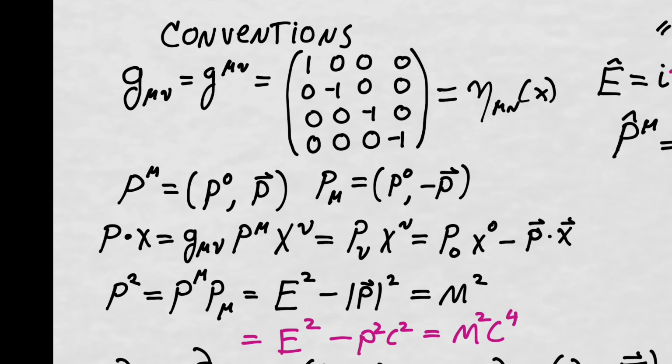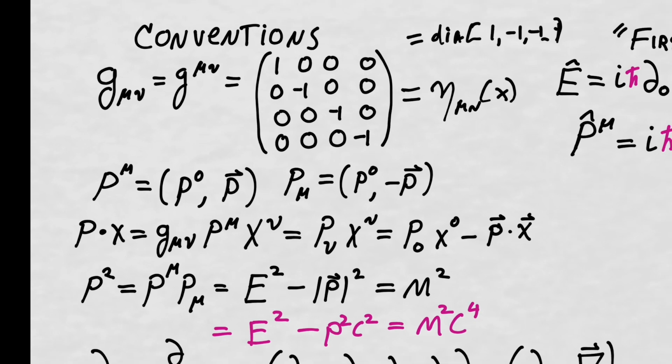Another way you might sometimes see it is equals diag(1, -1, -1, -1). But that's not any better because when you write it this way, it's still the diagonal of something, so it's clearly the diagonal of a matrix. So that doesn't solve the problem, really.